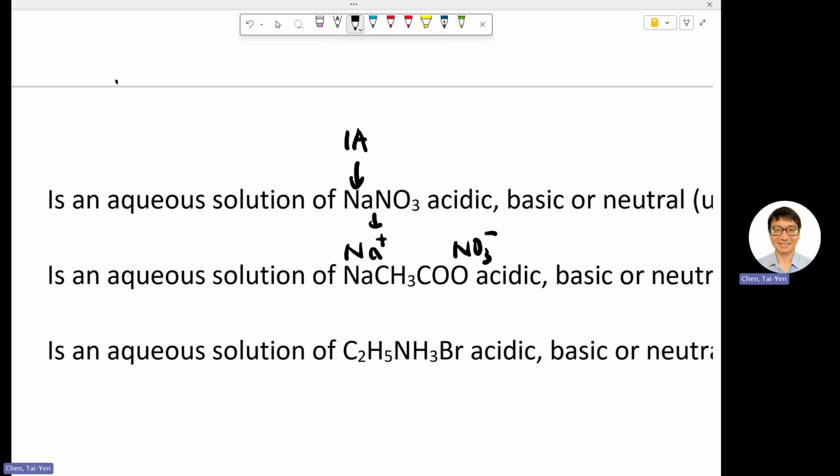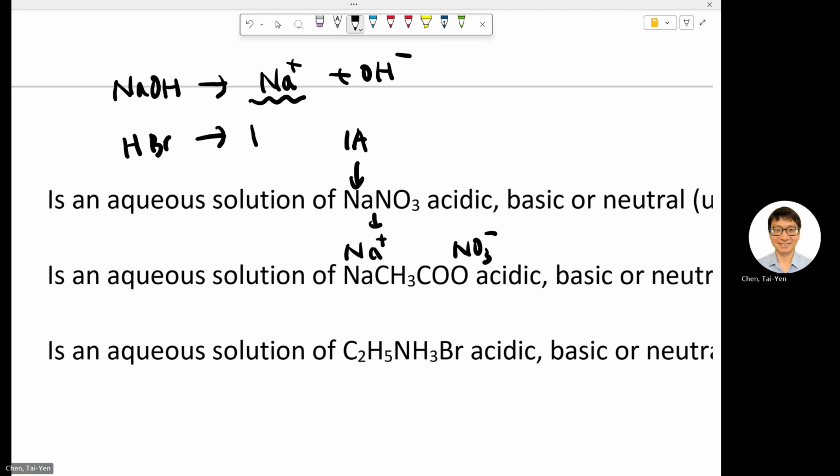Remember we said the conjugate acid of a strong base will be neutral. And then the conjugate base of a strong acid will be neutral as well, right?